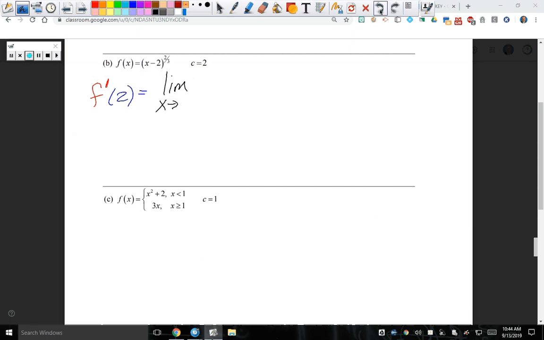The limit as x approaches what? 2. Approaches 2. Okay? It's going to be over x minus 2. Because already you see, you just created this undefined moment from the alternative form of that equation for the derivative. Now, it's something, y2 minus y1. Drew, what's the first equation that I put up here?